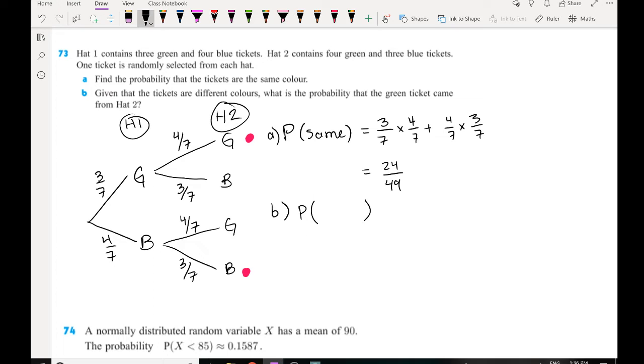But I'm basically being told that I know that they're different, and I want to figure out that it was a green from hat 2, not from hat 1. So basically, this is the only way that they are different, also coming from hat 2.